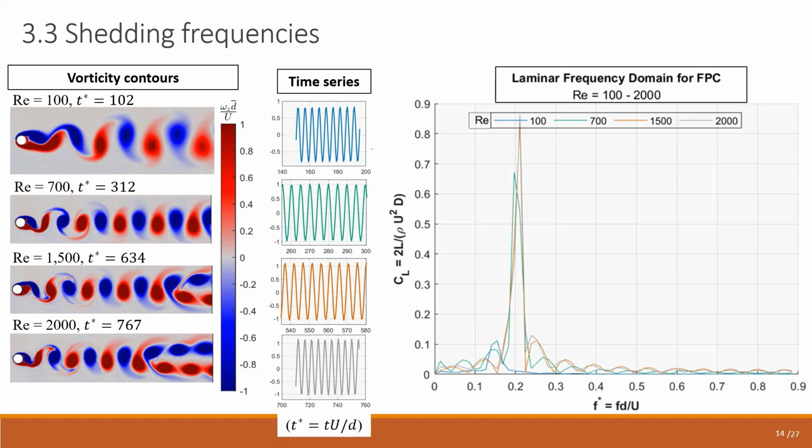At this Reynolds number, once the flow is developed, there appears to be 2 sets of vortices coming from the flow past the single cylinder. The time series of the fluctuating lift coefficient and the power spectra are also shown here. Note that the dominant shedding frequencies are around 0.2, which is to be expected based on literature values.